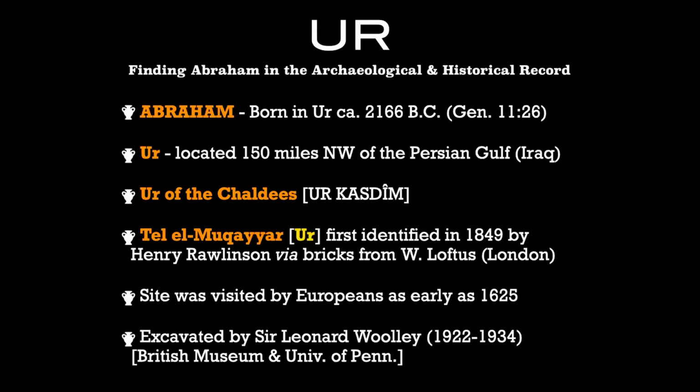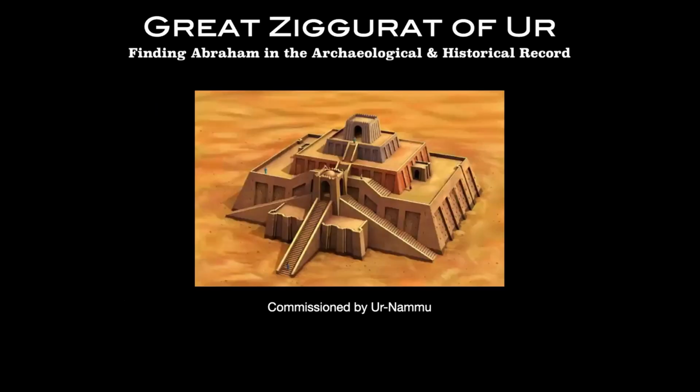It was excavated between 1922 and 1934 by Sir Leonard Woolley at the British Museum and the University of Pennsylvania. By the way, Leonard Woolley was a colleague of another very famous archaeologist by the name of T.E. Lawrence, Thomas Edward Lawrence, who you may know as Lawrence of Arabia. And T.E. Lawrence was a sort of colleague of Leonard Woolley and excavated there.